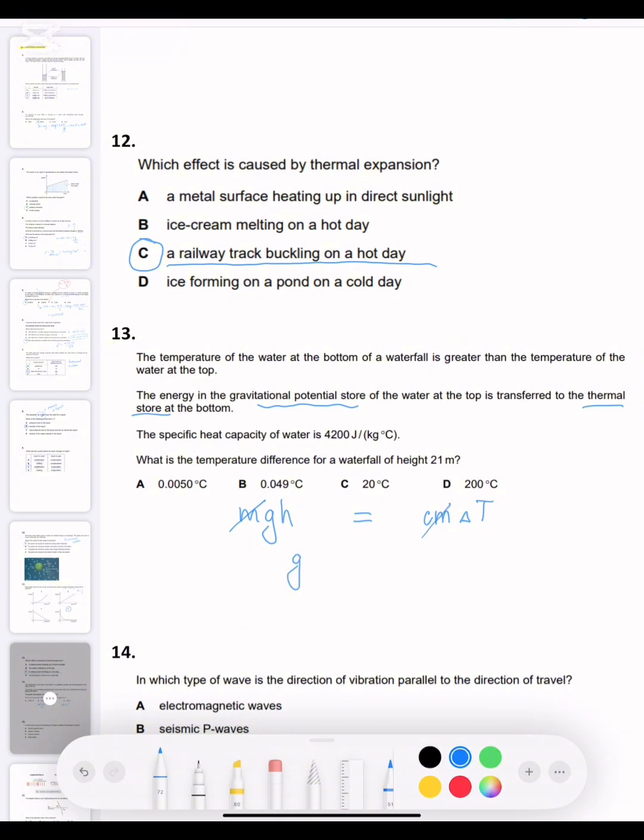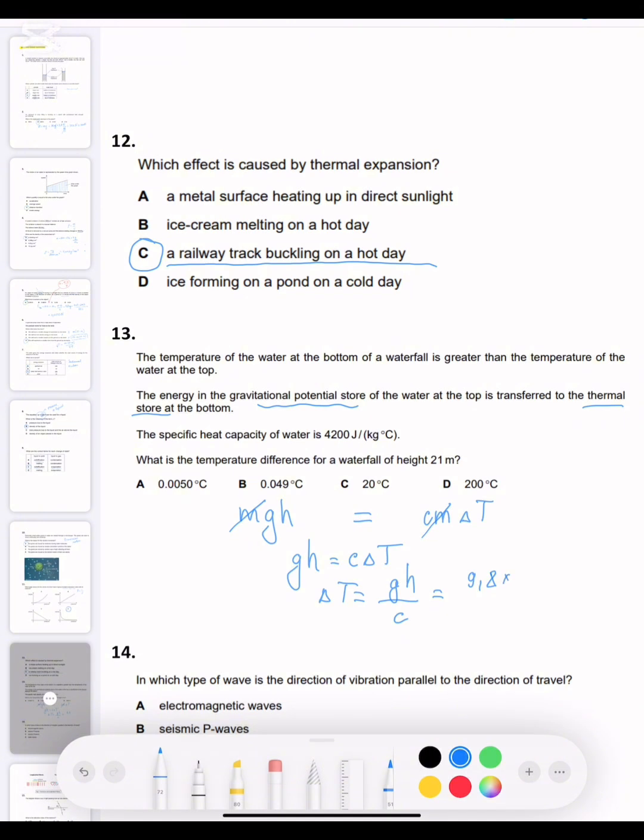So we have gh equal to c delta T, and delta T is equal to gh over c. g is 9.8 on the Earth.